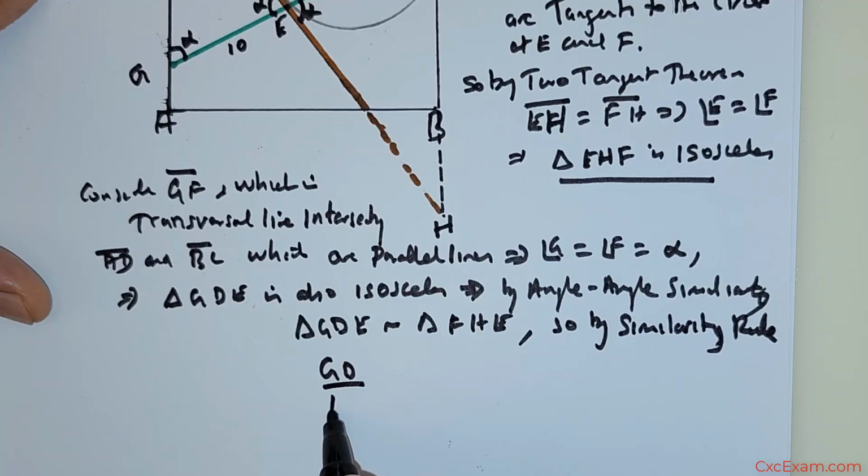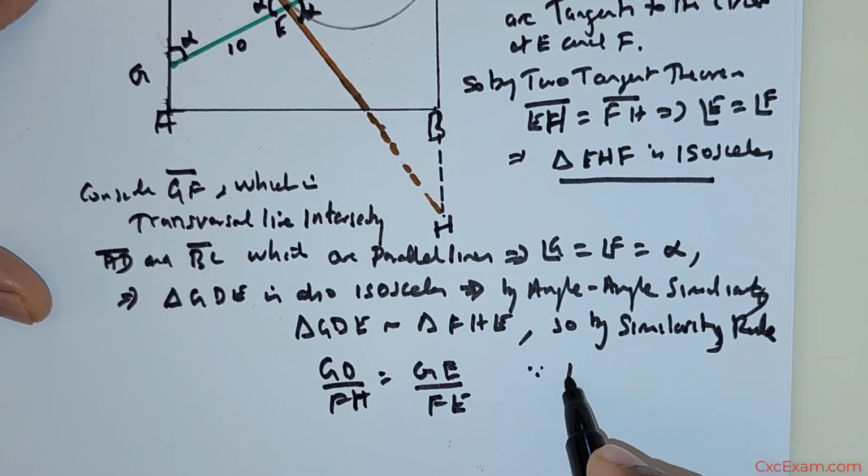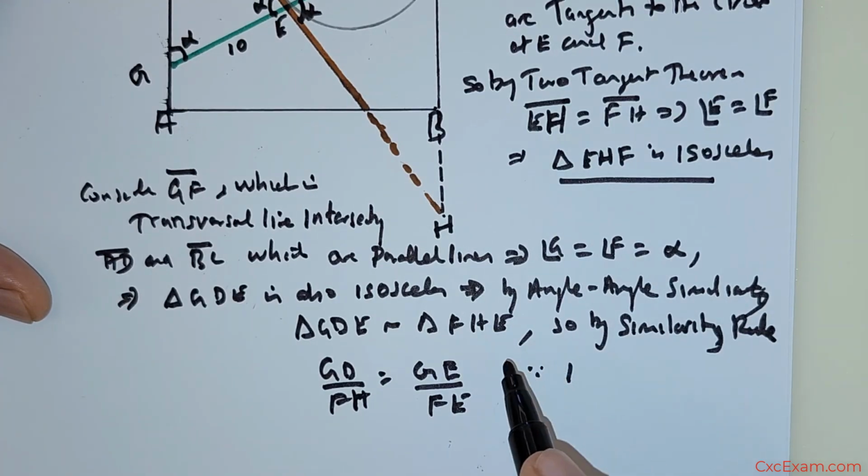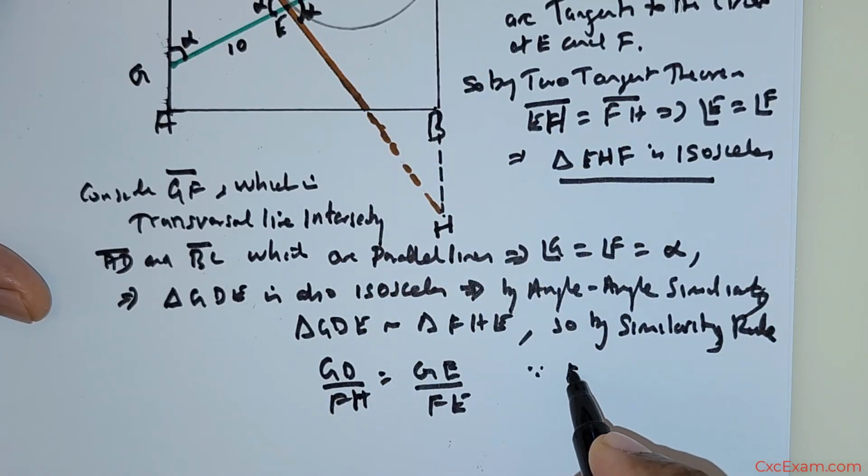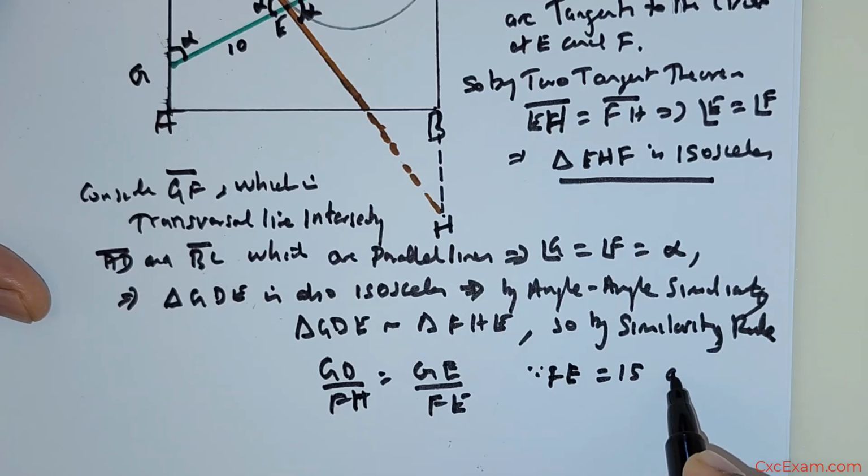You've got GD divided by FH is equal to GE divided by FE. Now FE is 15 and GE is equal to 10.